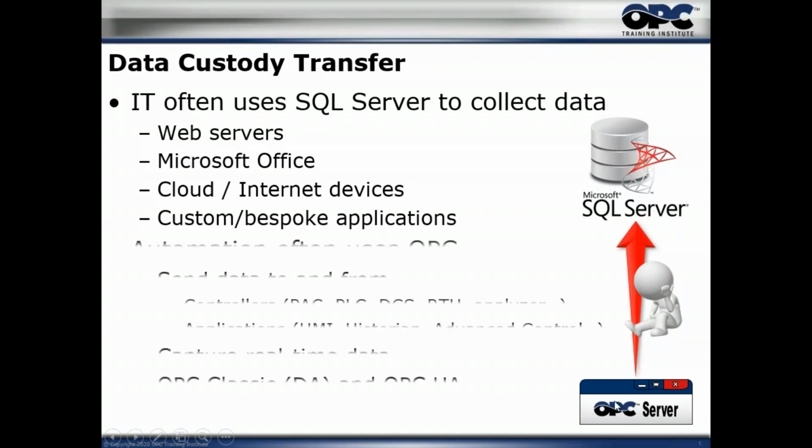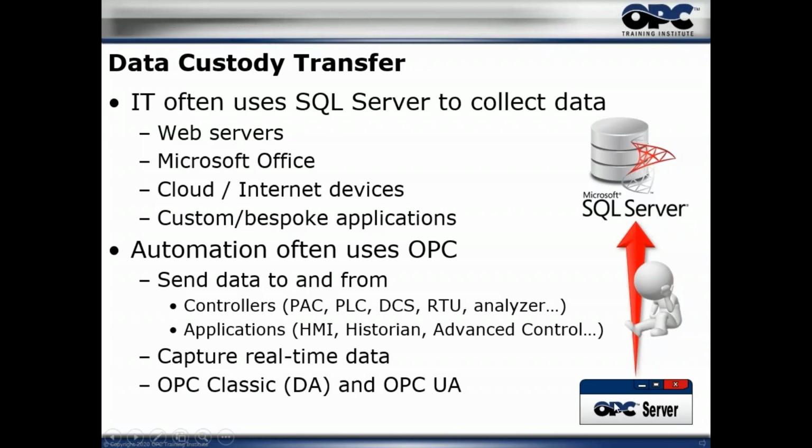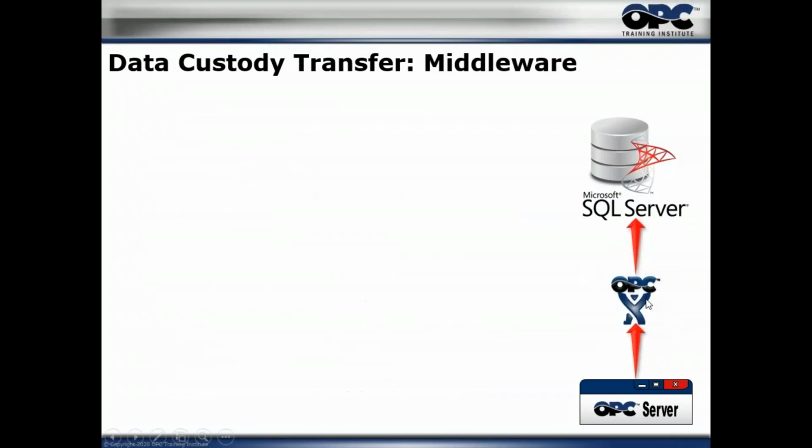Well, automation is usually down here with OPC servers. So we're using OPC a lot, actually, to send data to and from controllers, applications. OPC is all over the place in manufacturing. And what we need to do is to capture real-time data in SQL Server using OPC DA or using OPC UA, whatever. The only question is how exactly do you get this done?